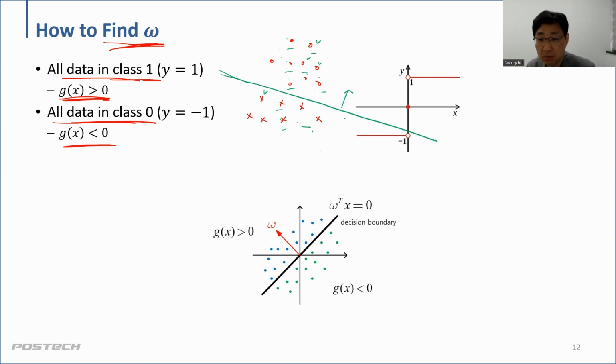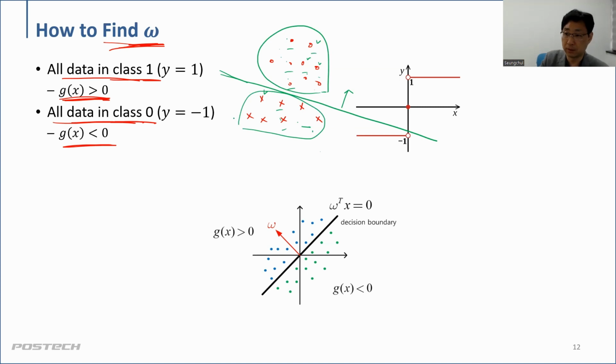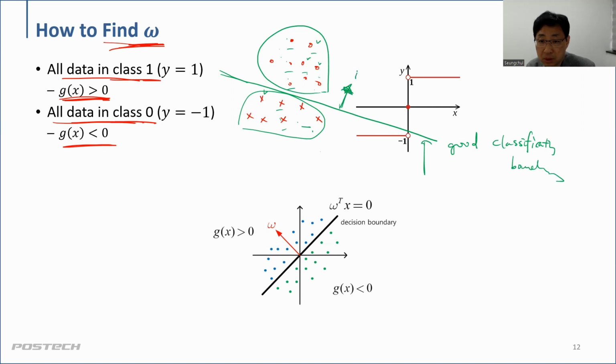The direction doesn't matter, because all the data points in one class are positive, and all of these are negative, which is good. So this is a good classification boundary, and this is the omega.